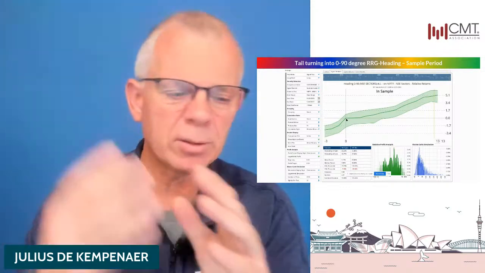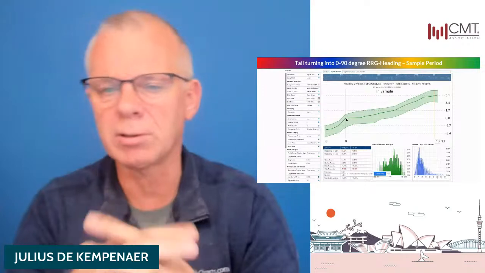Now, if you do that for the NSE sectors, the Nifty sectors, over that 5-year period, you had 307 results, and this is the actual outcome, 13 weeks after that turn is signaled. So what we're looking for is a turn into that 0 to 90 degree angle, RRG heading into 0 to 90 degrees. So that looks pretty good.